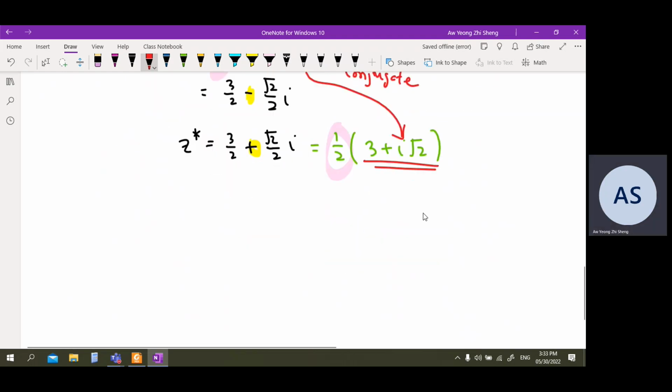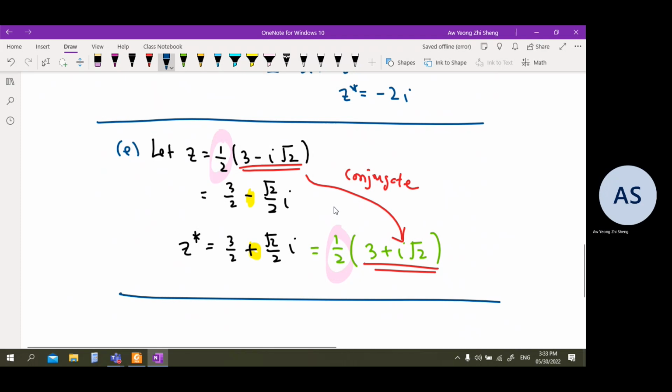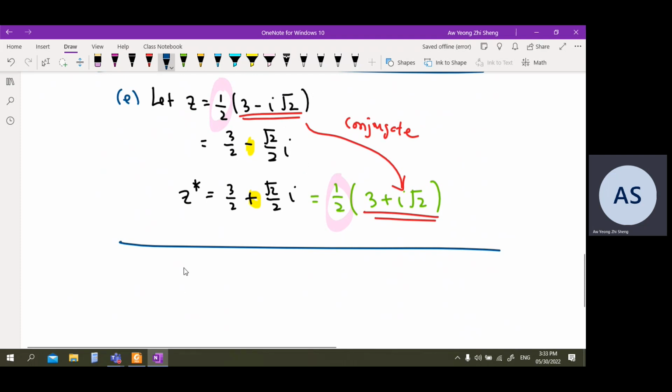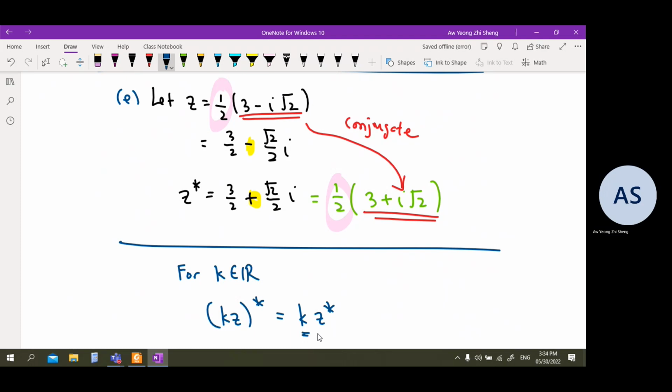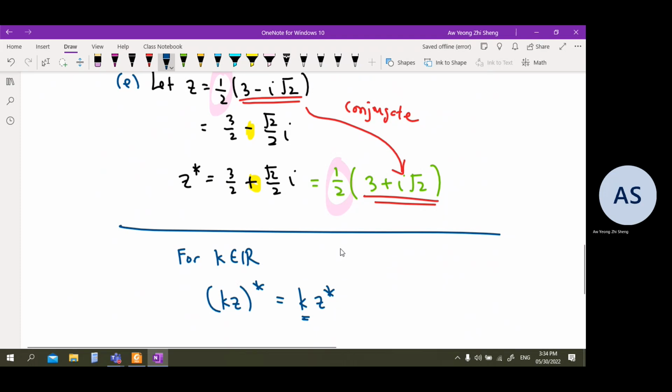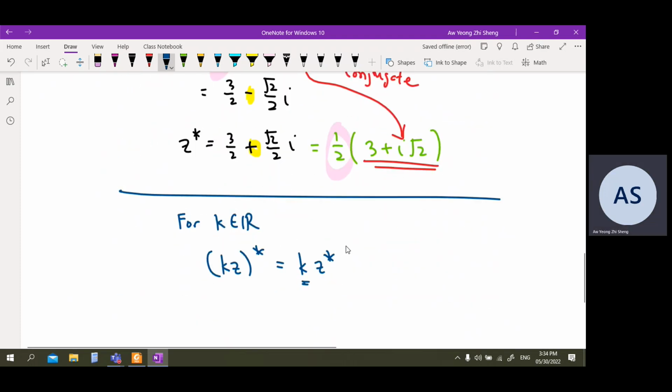And so from this question, we observe that for k being a real number, if we have kz with a star applied to it, it's the same as k times z star, where the real number coefficient of k remains unaffected. k is a real number coefficient for the complex number z, and so when the star is applied to it, the k remains unaffected. Just one interesting observation here.